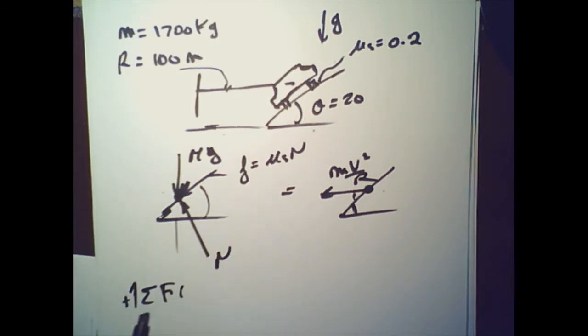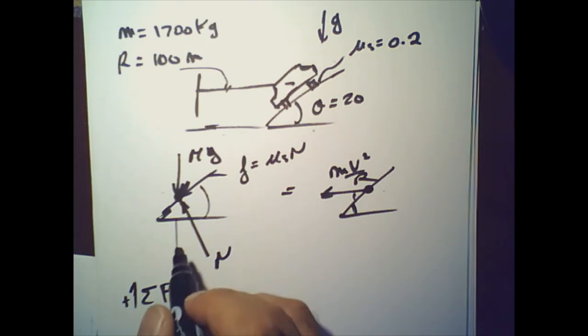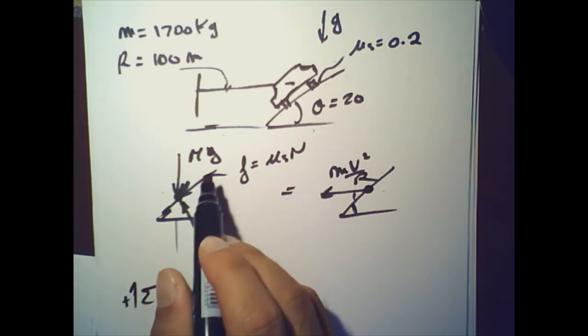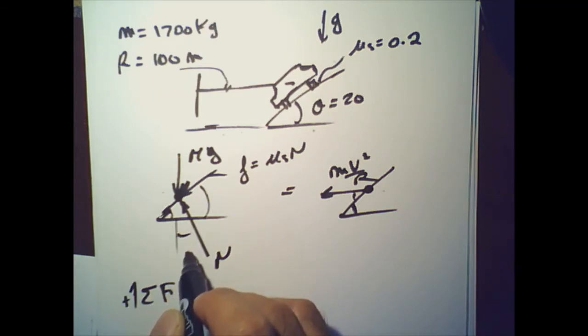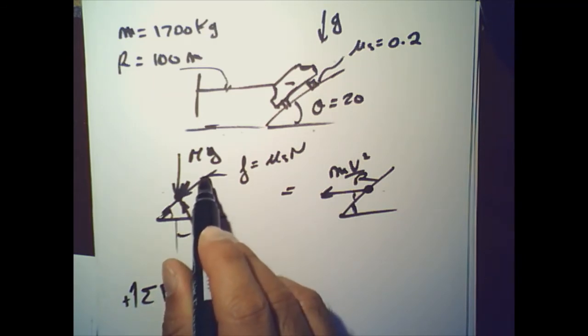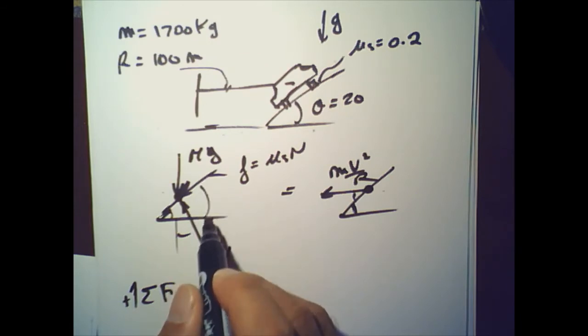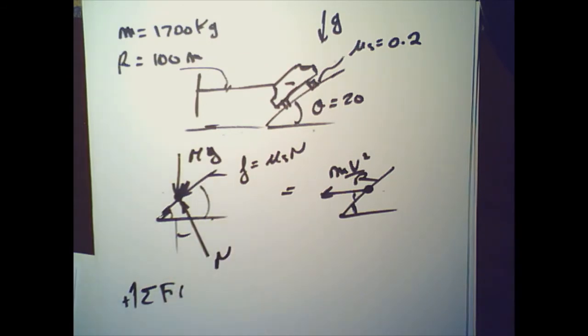And if you sum the forces in a vertical direction, if this angle is theta, then we know this angle has to be equal to theta. Why? Because this guy is perpendicular. So summing the force in the vertical direction, I'm going to get what?